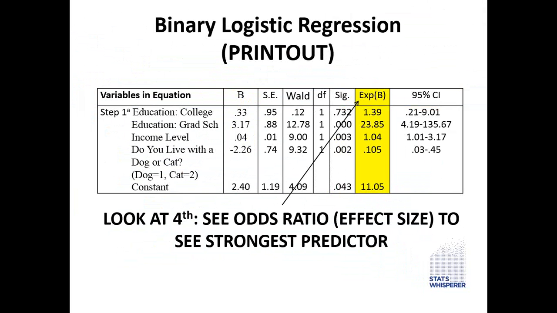But before we do that, you'll notice that in the significant findings, such as do you live with a dog or a cat, the number 1 is not included within the 95% confidence interval. Now 1 is known as the null value in this interval.